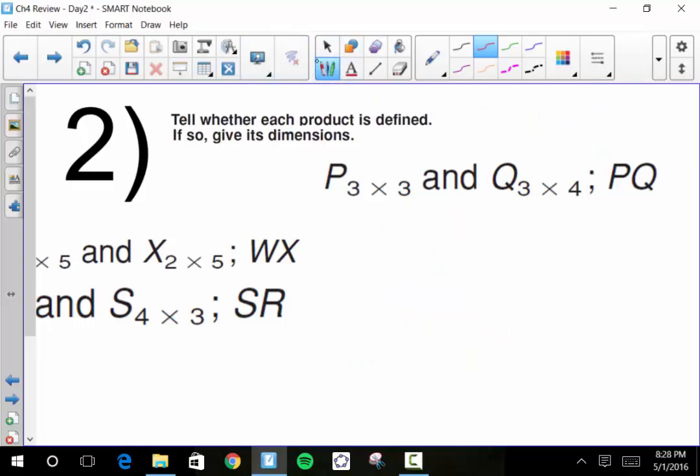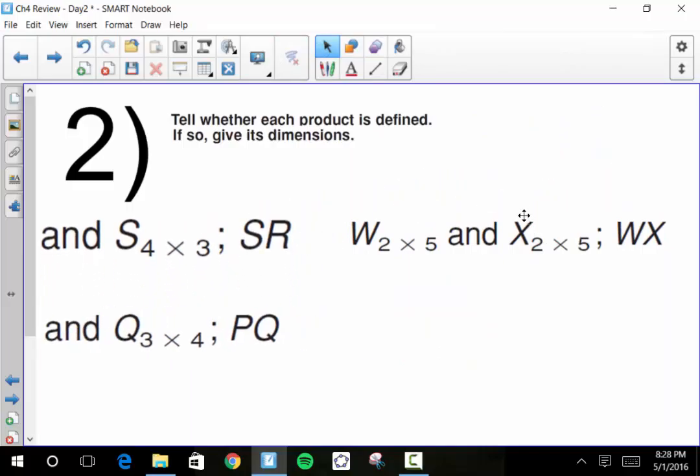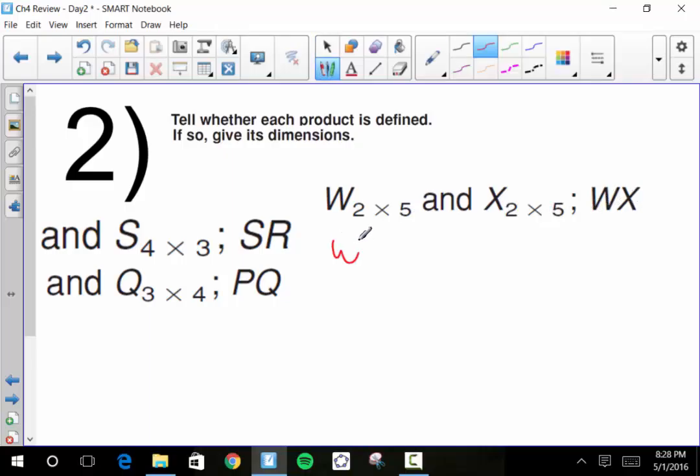Let me erase the screen. Move this one over here because we're done with it. And we've got W, which is a 2 row by 5 column matrix, and X, which is a 2 row by 5 column matrix, and we're going to do W times X. So we can write this down here. W is a 2 by 5, multiplied by X, which is a 2 by 5. We just want to make sure we can multiply these.